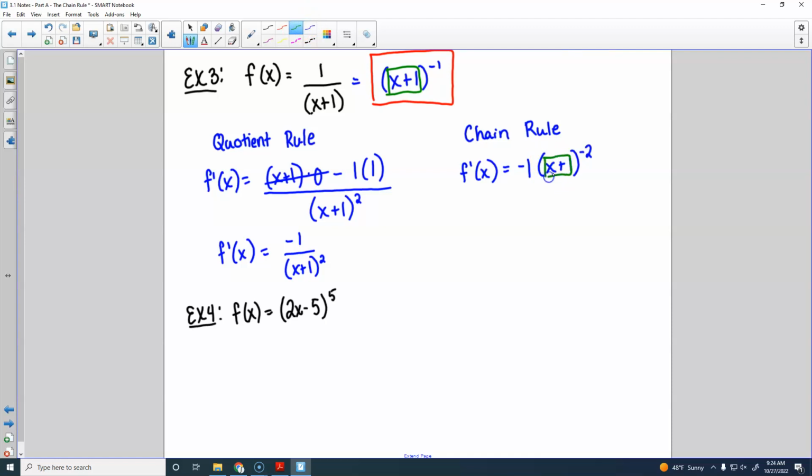I still have this x plus 1 on the inside. So I have to multiply it by the derivative of the inside. But what's the derivative of the inside? It's just 1. So if I rewrite this, I have negative 1 over x plus 1 squared, which is the same thing I got with quotient rule.